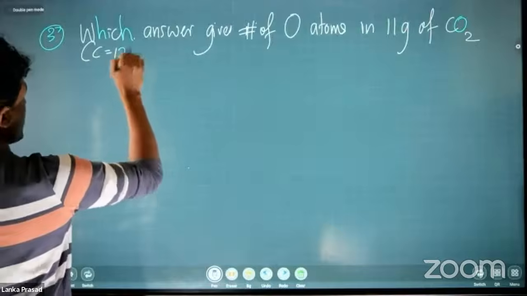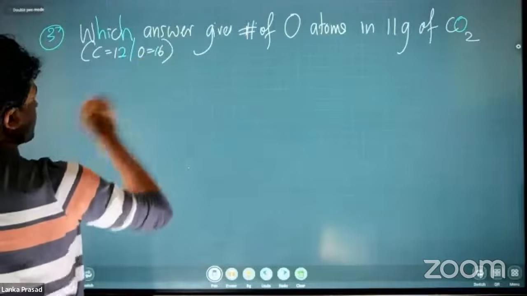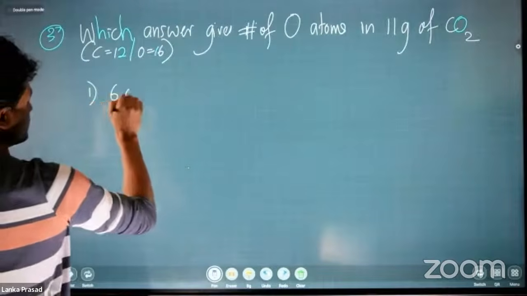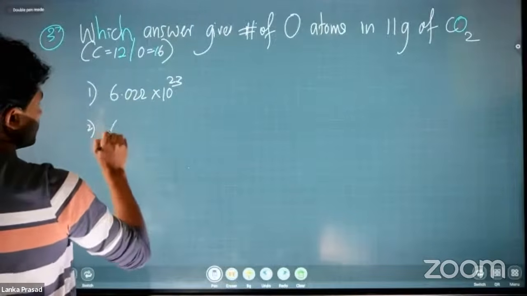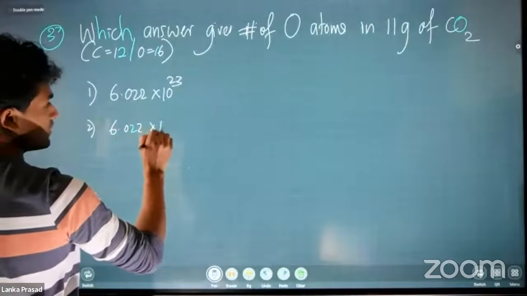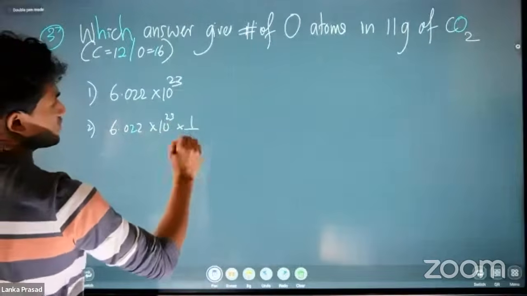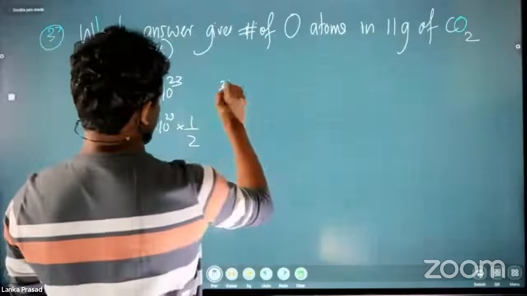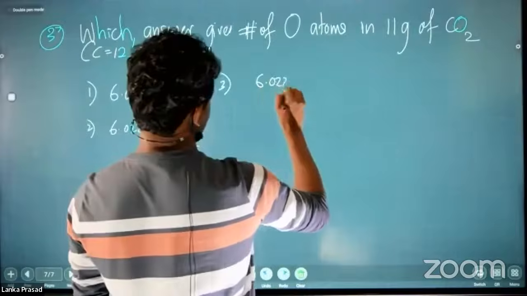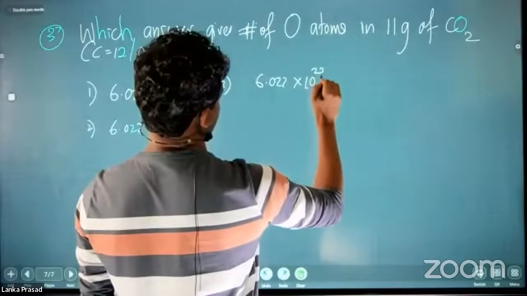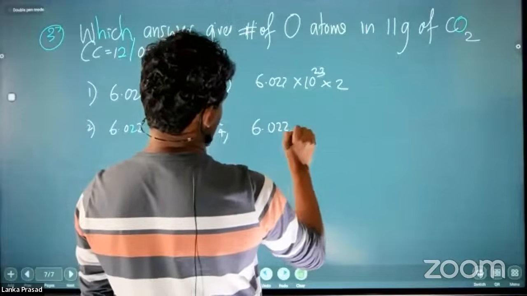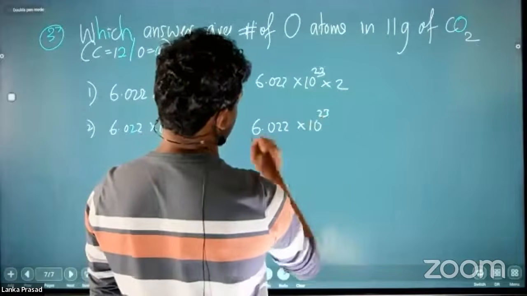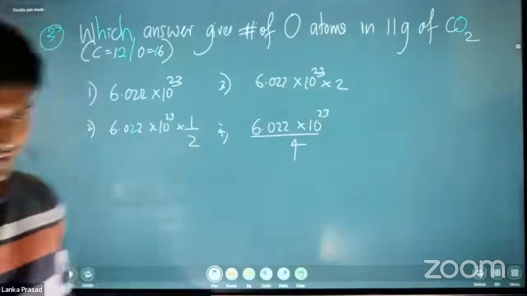One carbon is 12, one oxygen is 16. Now you know that is 44. First one, 6.022 times 10 to the power 23 times 1 over 2. Third, 6.022 times 10 to the power 23 times 2. Fourth one, 6.022 times 10 to the power 23 divided by 4.